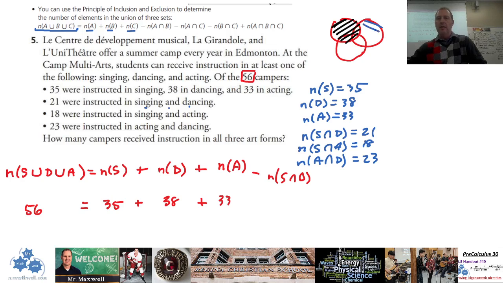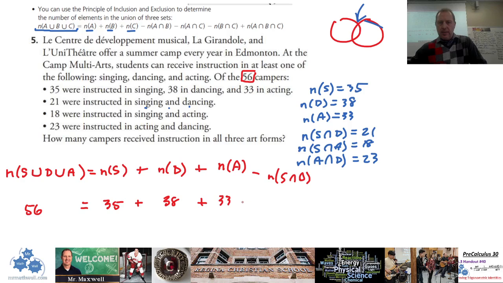I'm double counting this area right here, so I have to subtract it off. We're going to do that for all of these areas. Watch that video or review that lesson if you need to. When we add up multiple sets that are not disjoint, we are double counting, so we're dismantling our double counting here.